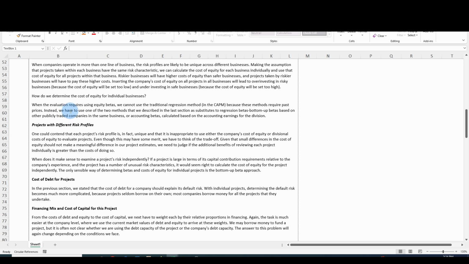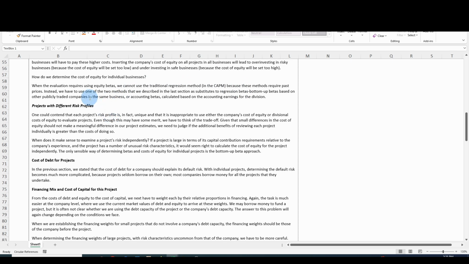Instead, we have to use one of the two methods that we described in other sections as substitutes to regression betas: bottom-up betas based on other publicly traded companies in the same business, or accounting betas calculated based on the accounting earnings for the division.